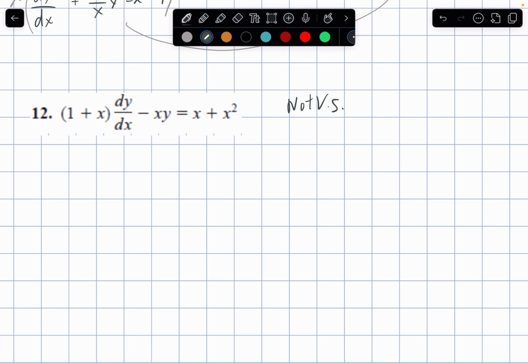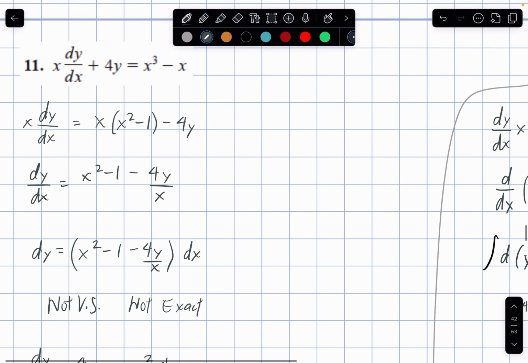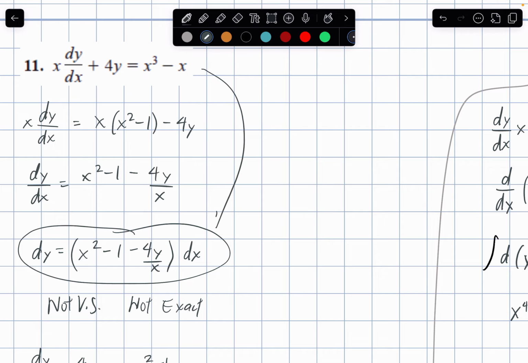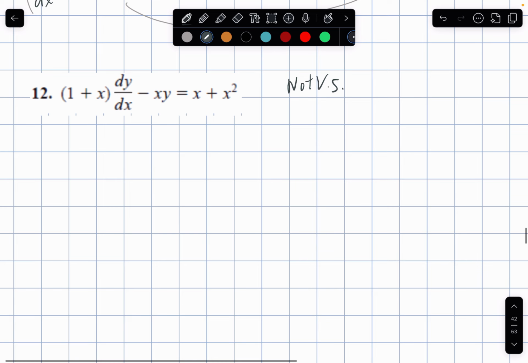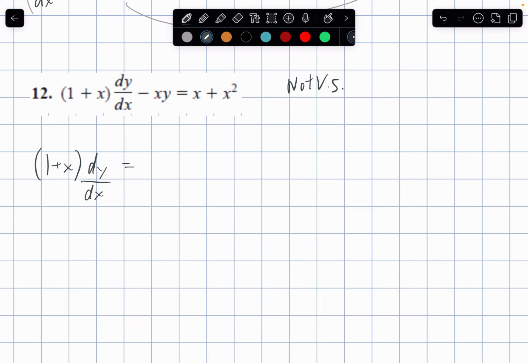Let's try to organize first the equation in such a way that dy is at the left and dx is at the right, just like what I did here. So, 1 over x dy minus, transpose xy to the right side. We will have x squared plus xy.